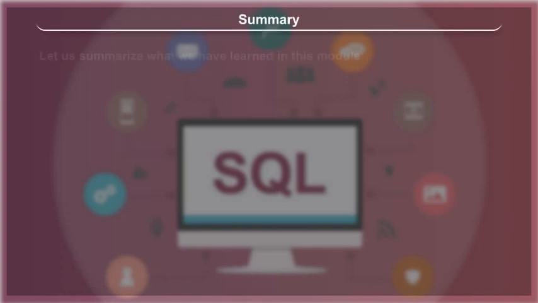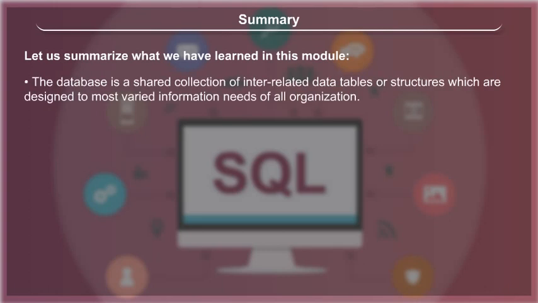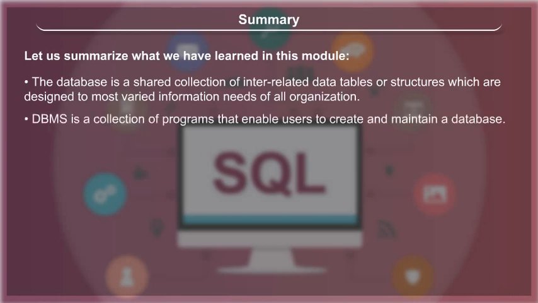Summary. Let us summarize what we have learned in this module. The database is a shared collection of interrelated data tables or structures which are designed to meet the varied information needs of an organization. DBMS is a collection of programs that enable users to create and maintain a database.